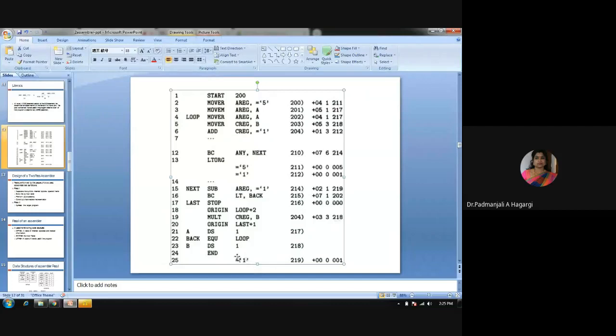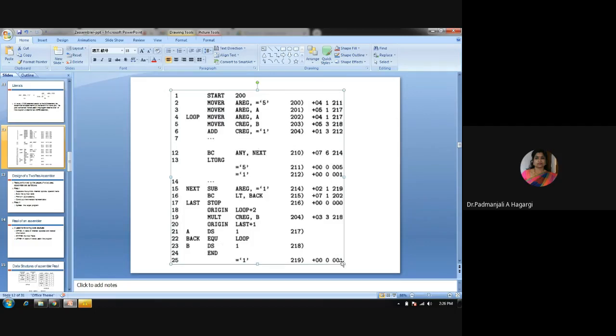Now for this also we need to generate the object code. Now anyhow it is at the last, 219. And as we know that it is a part of LTORG, automatically it takes 00, and there is no first operand, so it is 0, and it itself is a second operand with a value as 1, so therefore it is 001.